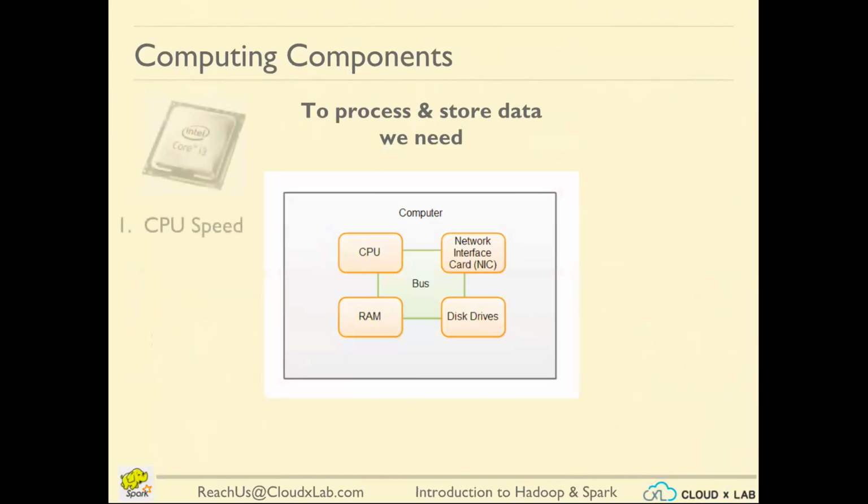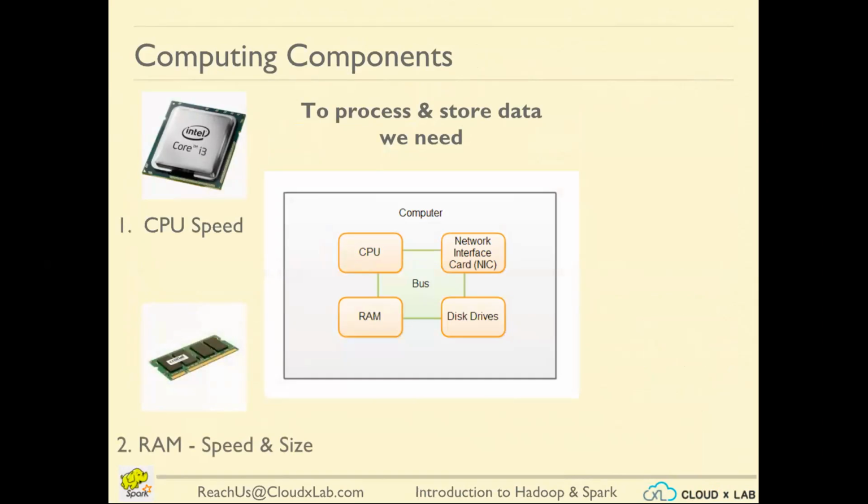These are the components of the computer that we generally talk about: CPU, RAM, disk and network. CPU is the processor, Intel, Pentium, AMD, or Qualcomm. In case of RAM, what matters is how big it is and at what rate we can read. RAM is nothing but a huge array of switches, in which we can address each switch directly and jump to any switch very quickly.